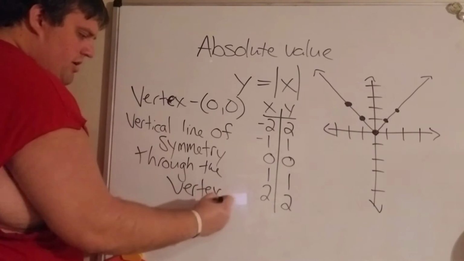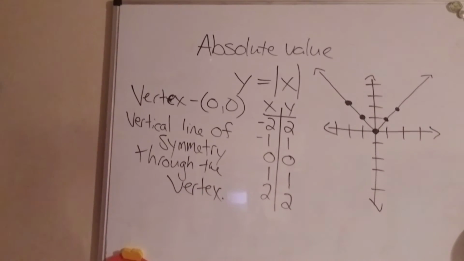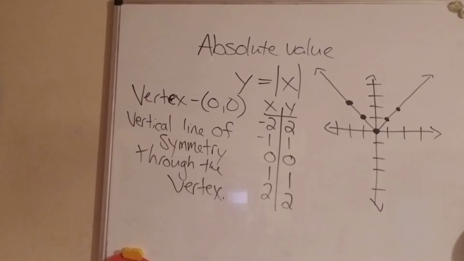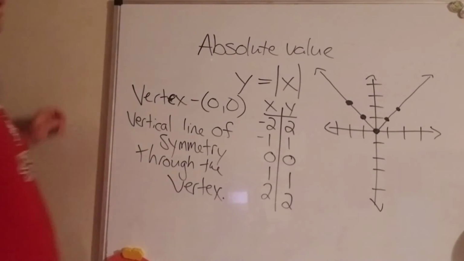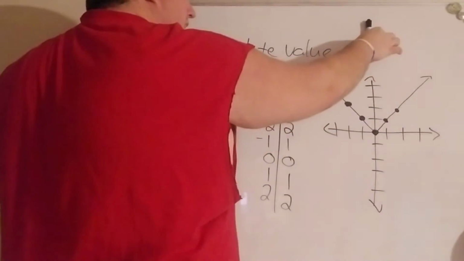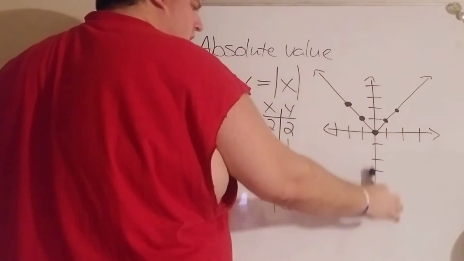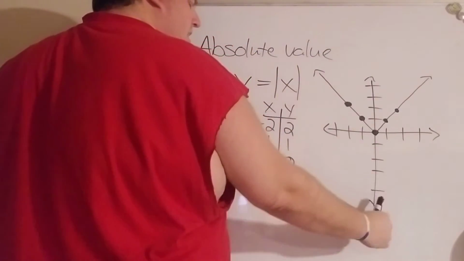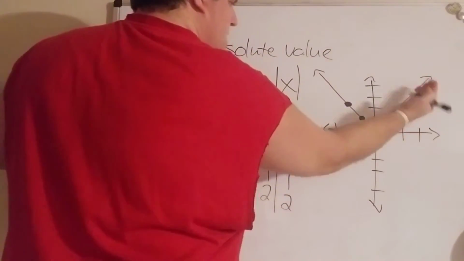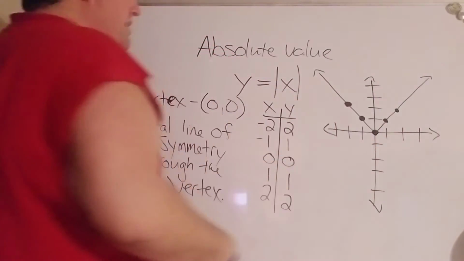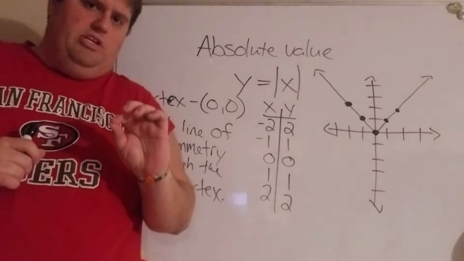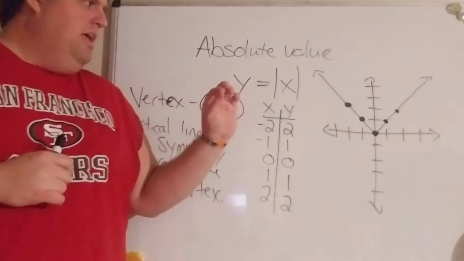Now, if you are not up on your geometry at all, let's talk about what that means. I could draw a vertical line that would cut this thing so that it would be symmetric. I could fold it, it would have an axis of symmetry. Okay?